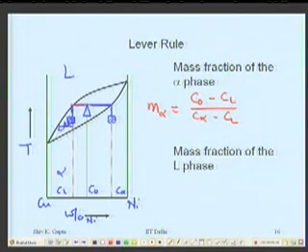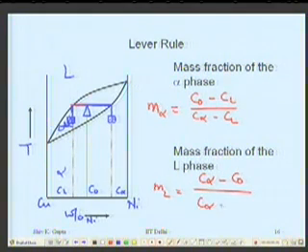This arm of the lever divided by the total length of the lever. That's the denominator. Similarly, the mass fraction of the liquid phase is proportional to this opposite arm, will be C alpha minus C0 divided by C alpha minus C liquid.